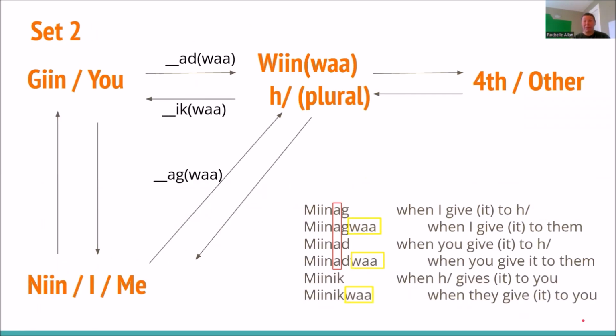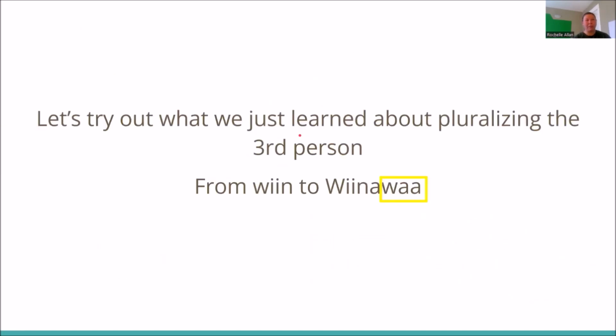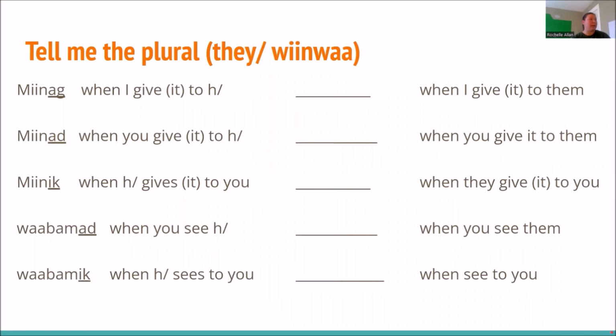So here's now what we've looked at. We're adding our ug and ud and ik to our little chart. So we're going to work on the pluralizing here. So here are our examples. You can pause if you want to work on them.